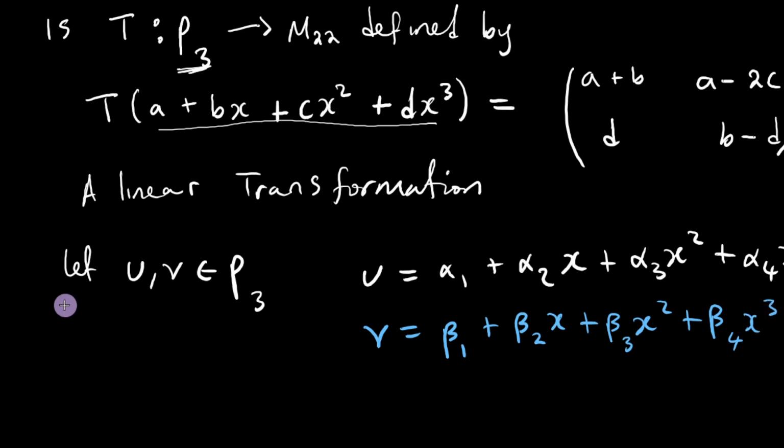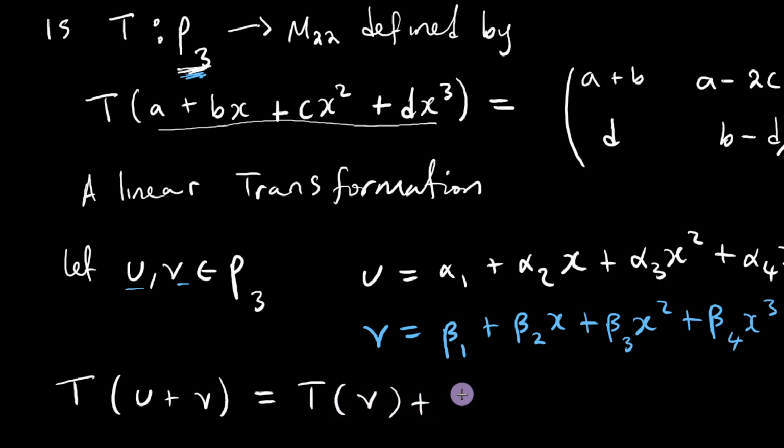Now, after letting these two vectors be part of the object, what we need to show is that when you add the two vectors, U plus V, what you should get is the transformation of the individual vectors.